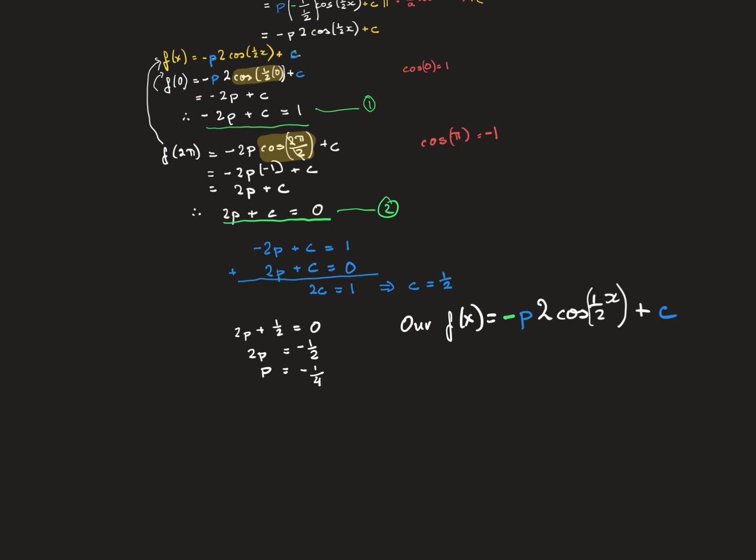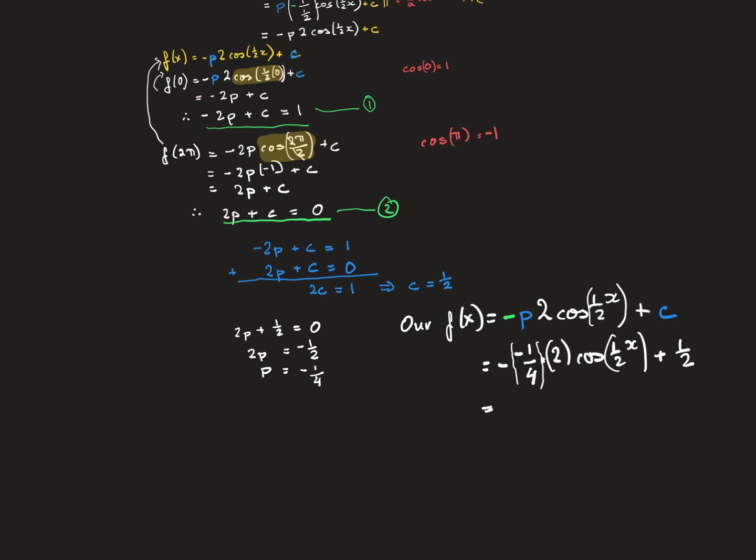So let's just continue. Substituting, therefore, a minus with a minus a quarter times 2 cos a half x plus c is a half.